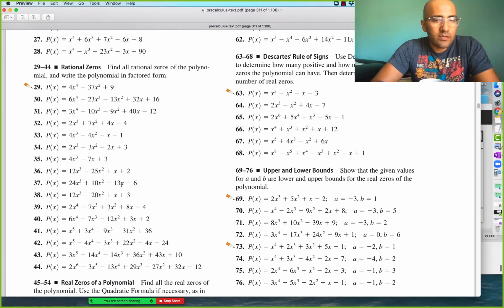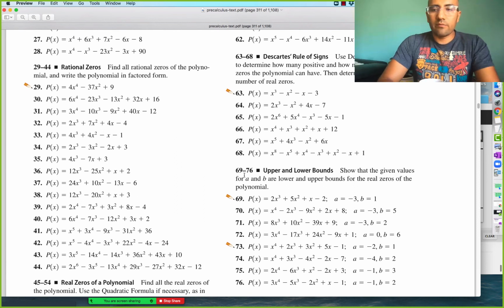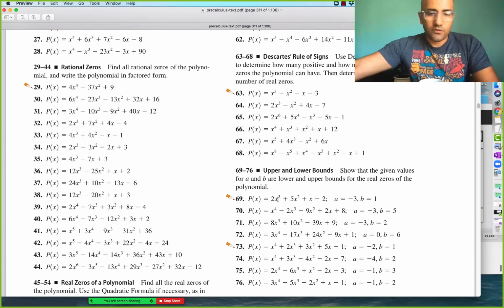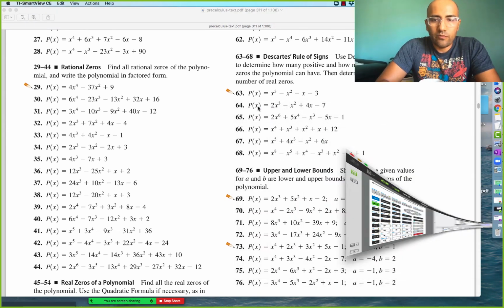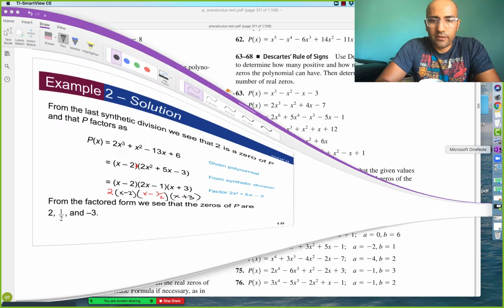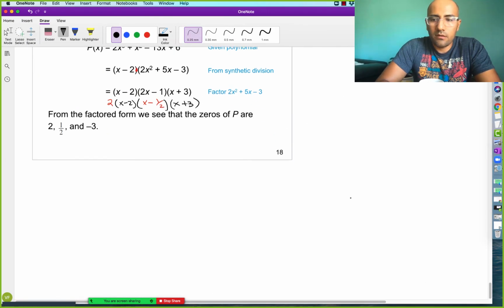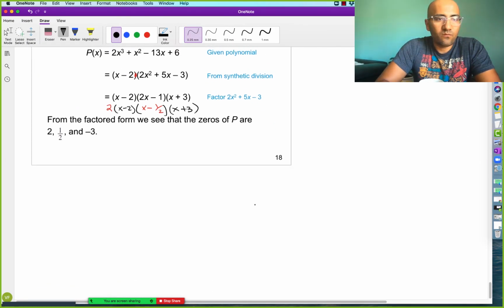This was an ugly one. Let's do this one. Okay, so 37. Let's try number 37. We want to find all the zeros of this polynomial, factor the whole thing out, number 37. Let's move that away, and I need space.